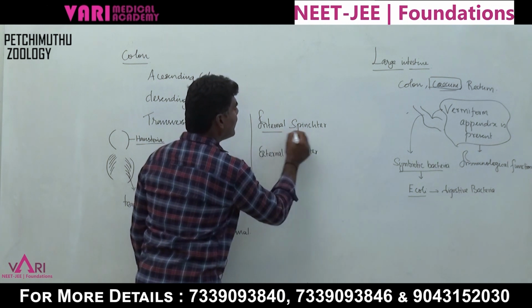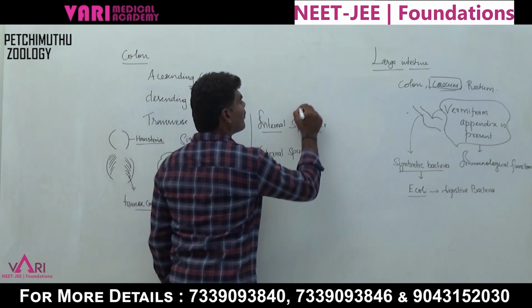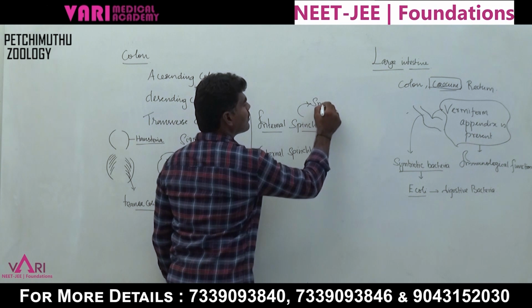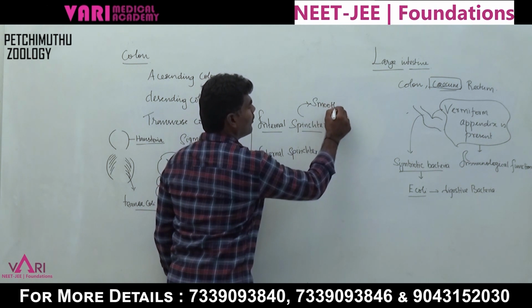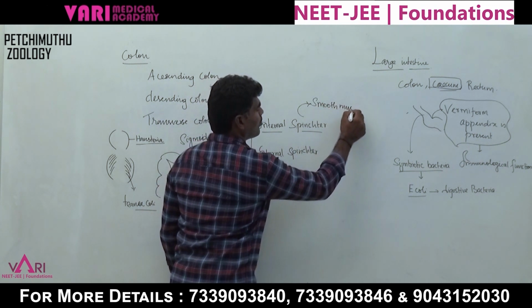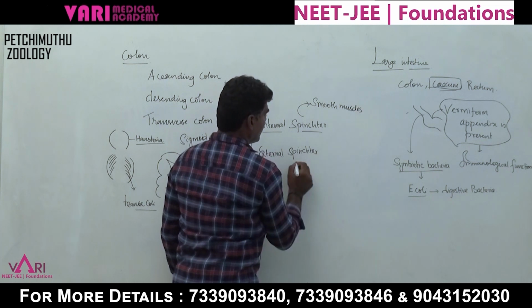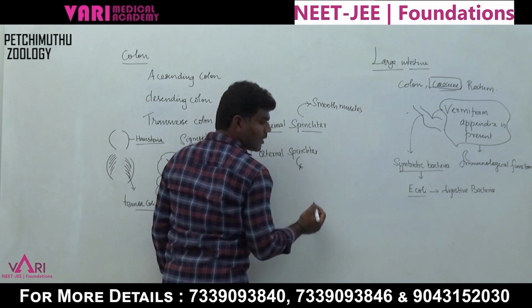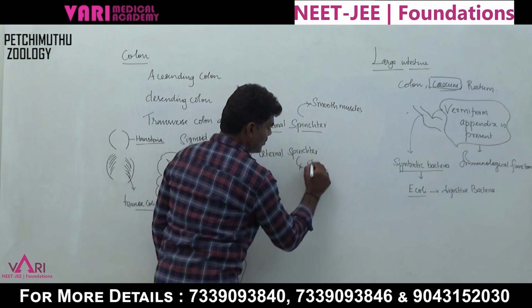The internal sphincter is made up of smooth muscles, and the external sphincter is made of striated muscles.